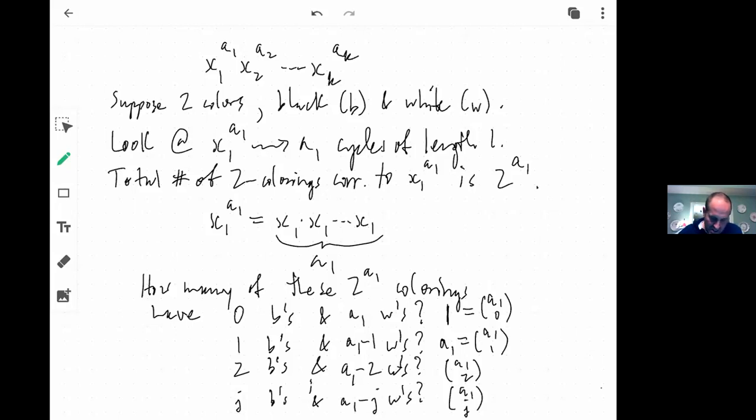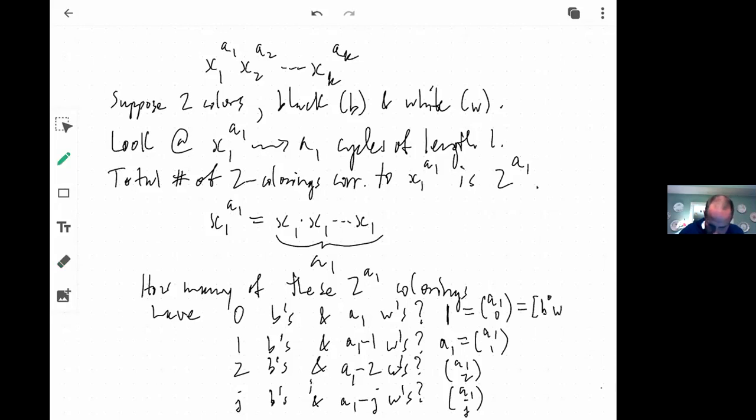And incidentally, and this is not an accident, and this is kind of the way that things are going to go. a1 choose 0, is that not just the coefficient of what? That's the coefficient of b to the 0, w, hang on, made a little typo here.